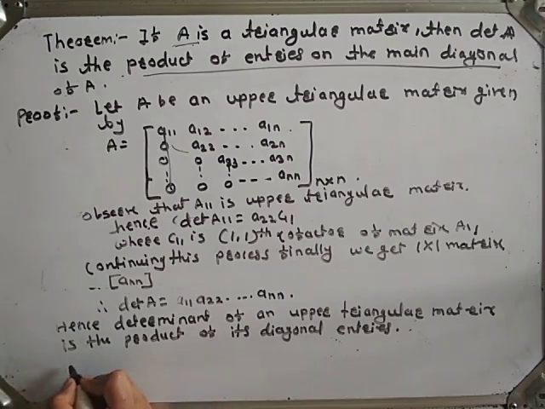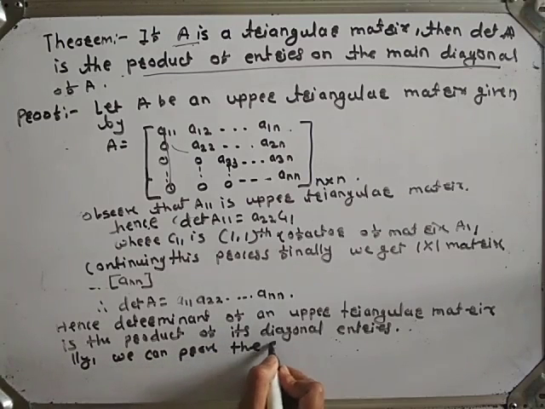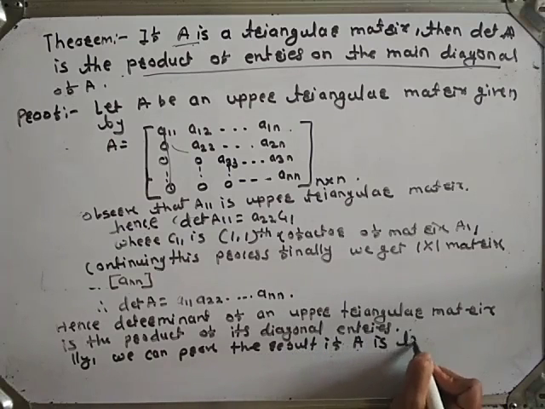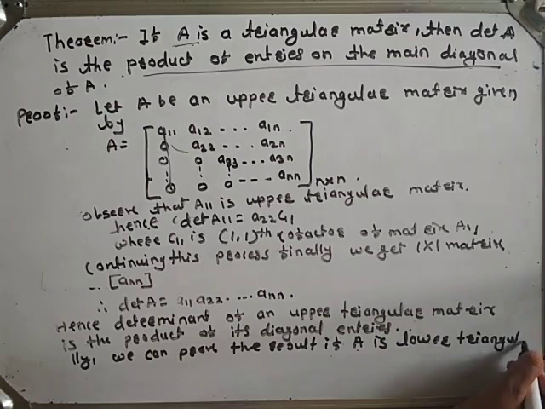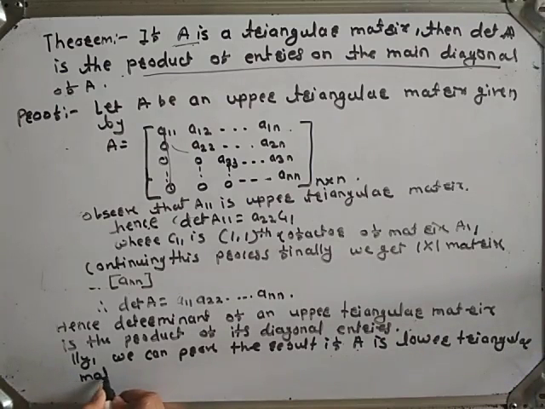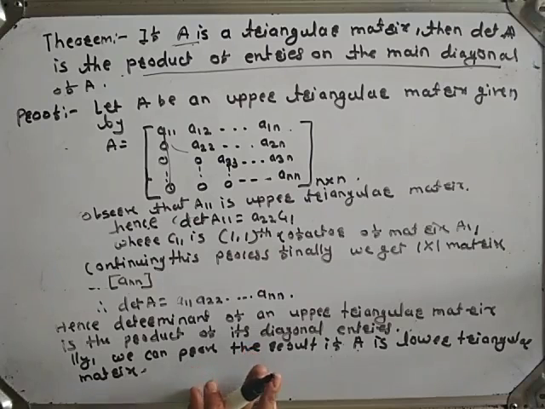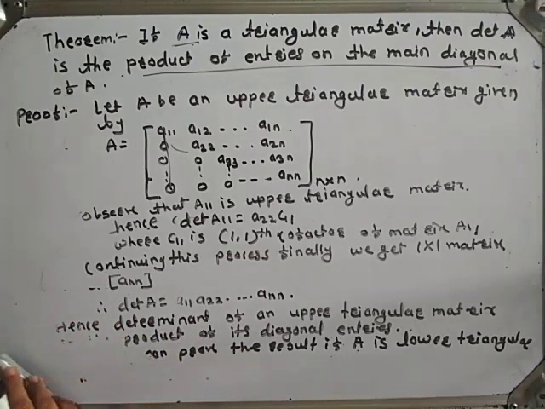Similarly, we can prove the result if A is a lower triangular matrix. Therefore, if A is a triangular matrix, then determinant of A is the product of entries on the main diagonal of A. Hence, proof of theorem is complete.